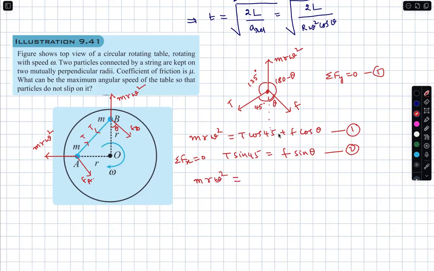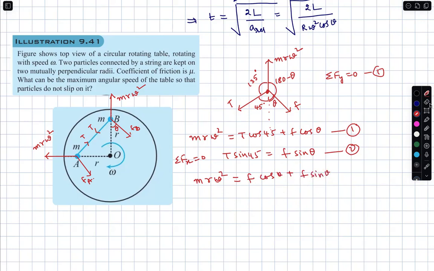Whatever you do, finally what is happening is m r omega square. Fortunately, T cos 45 and T sin 45 are the same. So therefore, this is f cos theta plus f sin theta. My handwriting is becoming worse now.